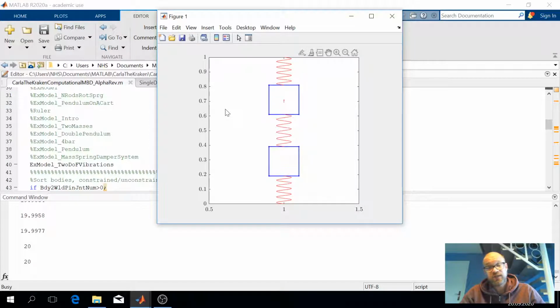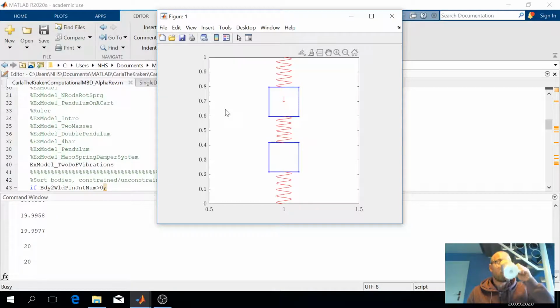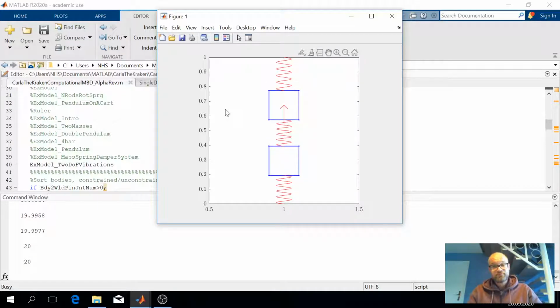And amplitudes are large. What happens as the force frequency increases? The amplitudes become smaller again. I must add that actually this is a spring and damper element in the Kraken. There is a damping in the system. I just never bothered actually plotting a damper, but there is a damping.